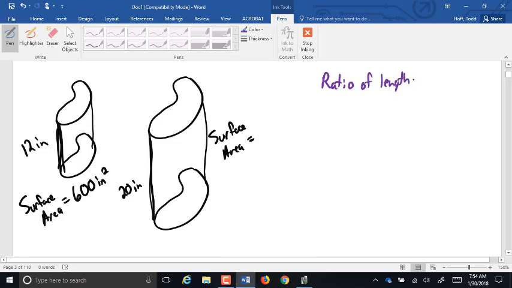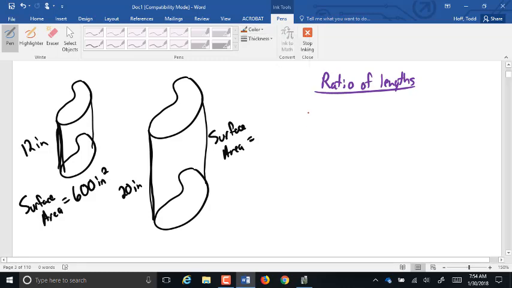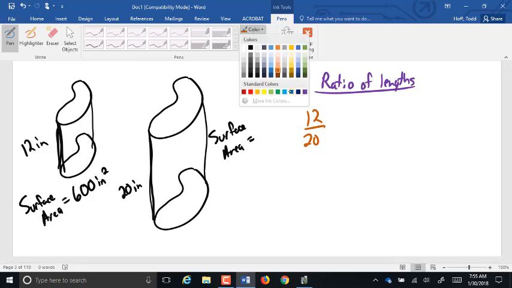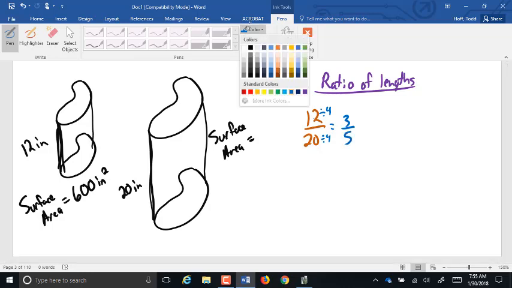So I'm going to start out with my ratio of lengths, which will be what? 12 to 20. Now, I'm going to make life a little bit easier on myself by reducing those. 12 divided by 4 is 3. 20 divided by 4 is 5. So it's 3 to 5.